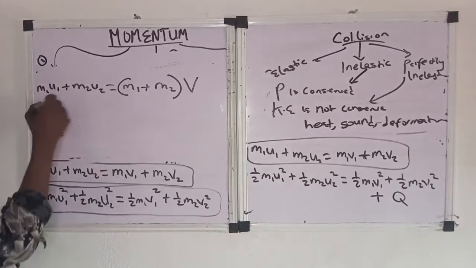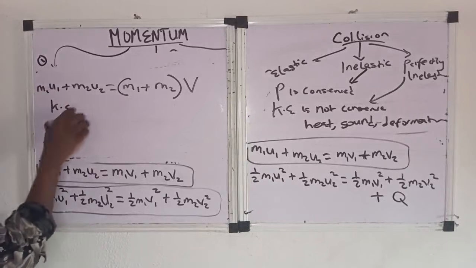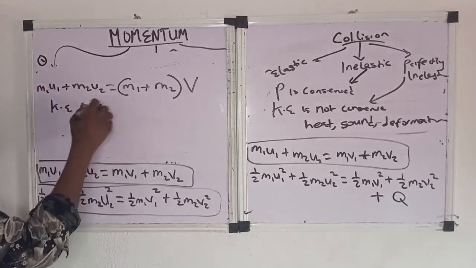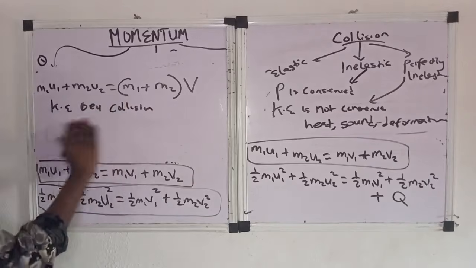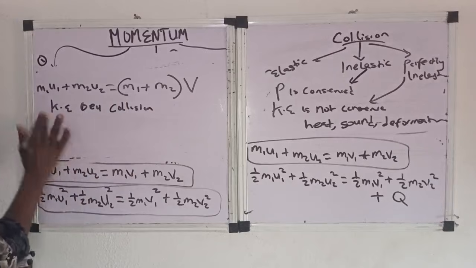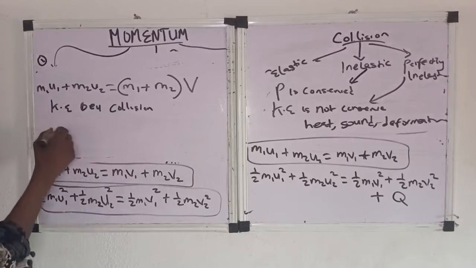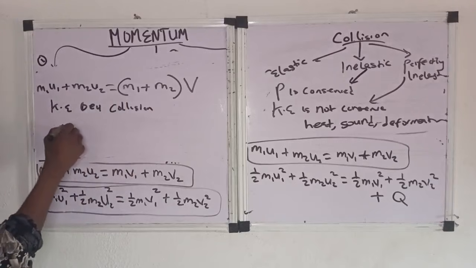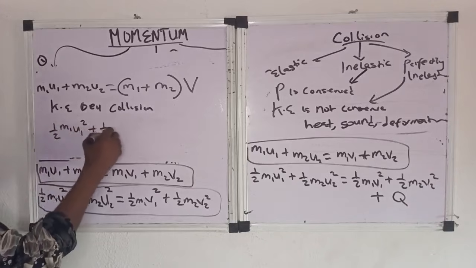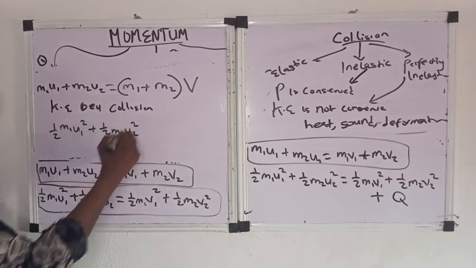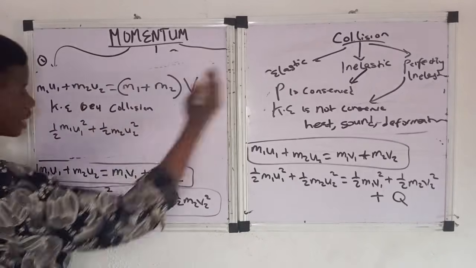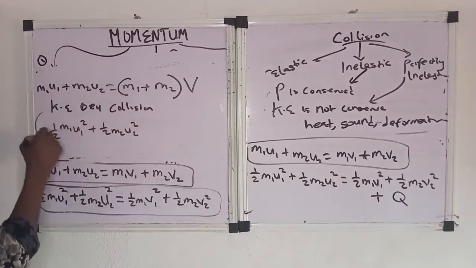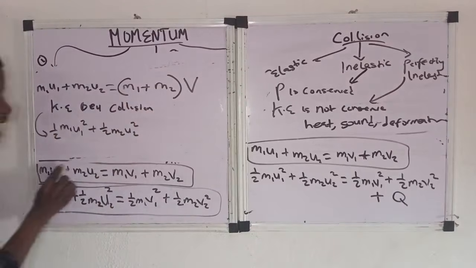Okay, so the kinetic energy before collision will be half m1 u1 squared plus half m2 u2 squared. That is before they collide. Now what about after they collide?